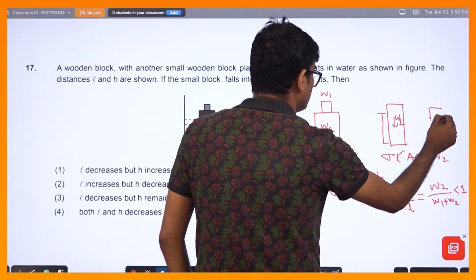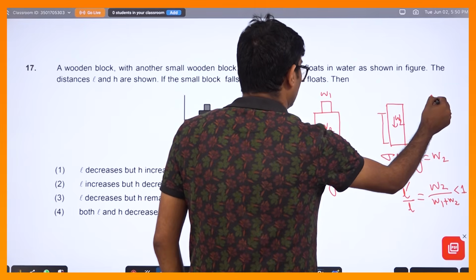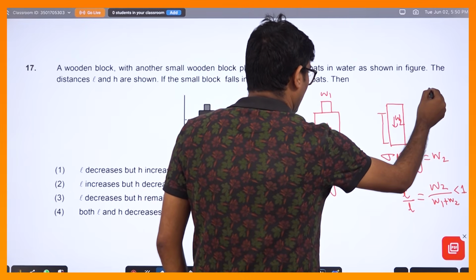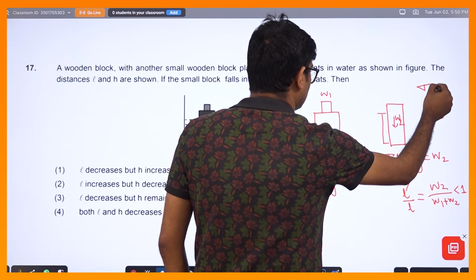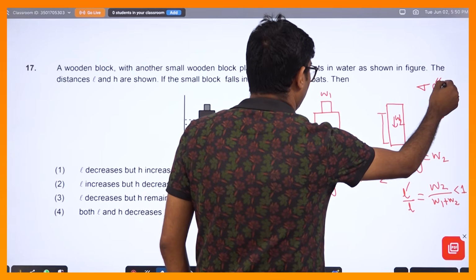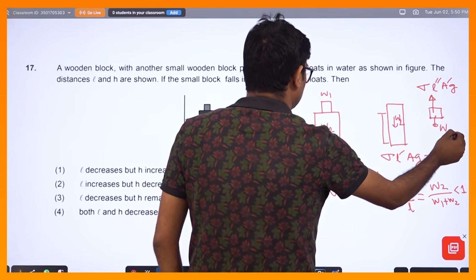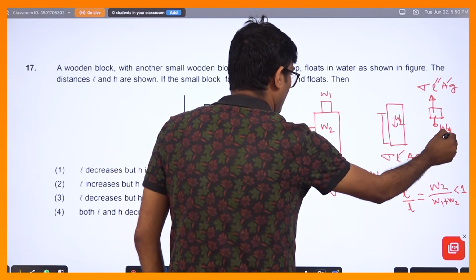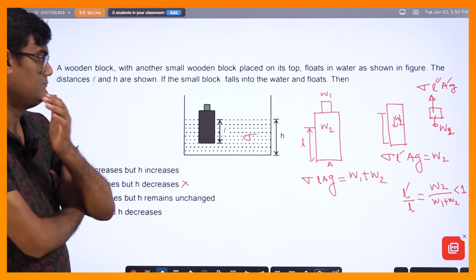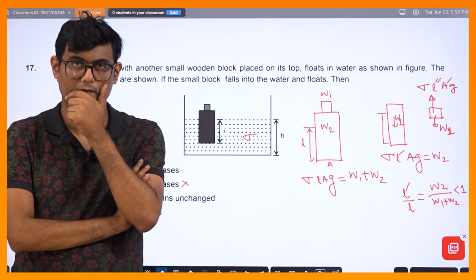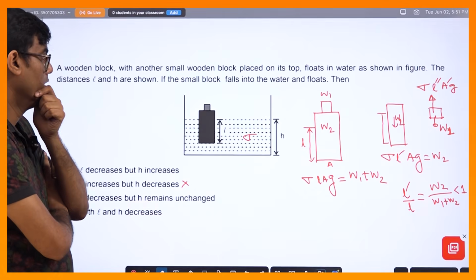This block is also experiencing a buoyant force. It is σL''A'g, suppose, and it is balancing the weight W1 of this block.